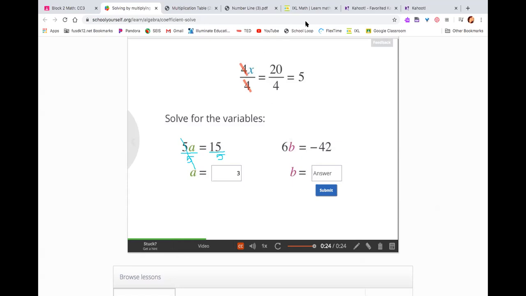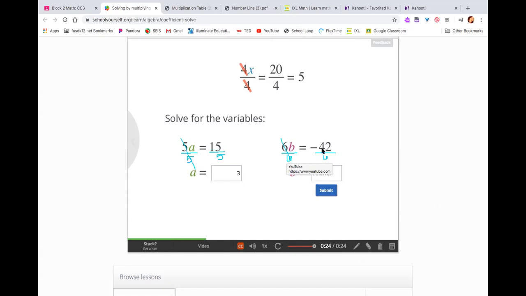And what do I want to do for the next problem? 6b equals negative 42. Six in the bottom for both. And then these 6s cancel out.